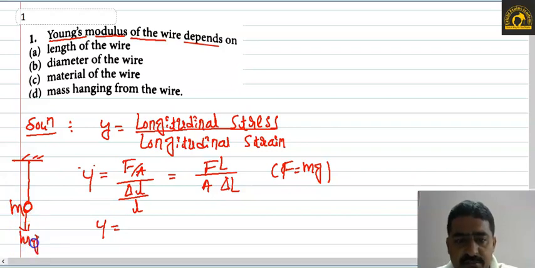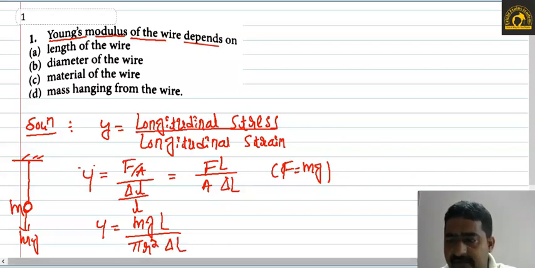Putting the value, Y = mgL divided by pi r square delta L.